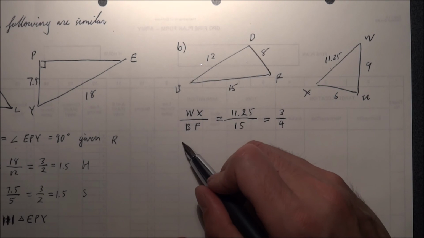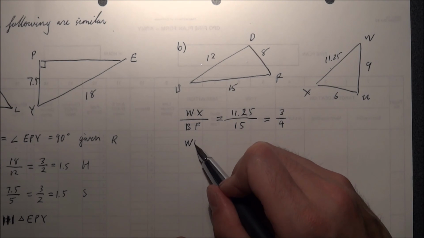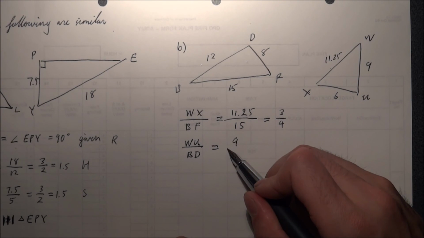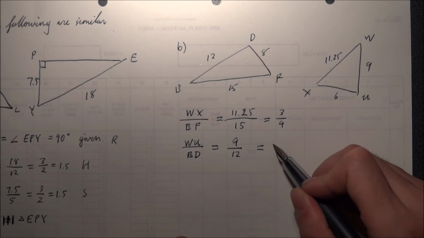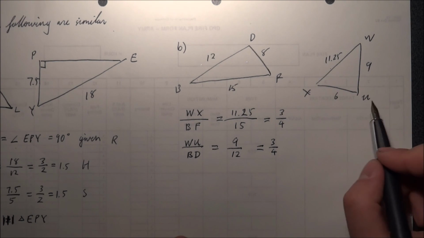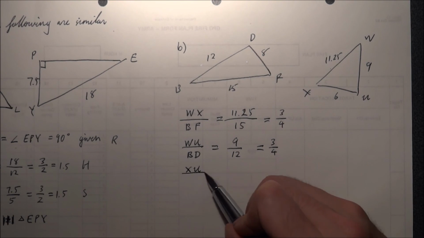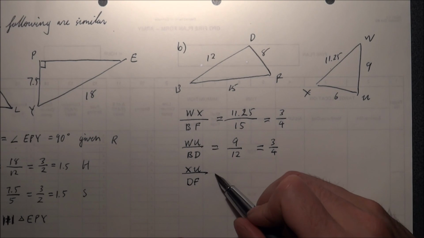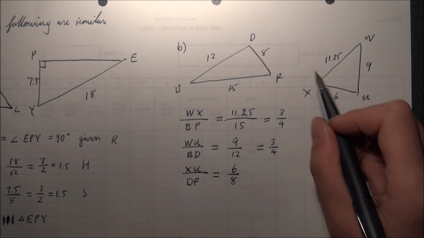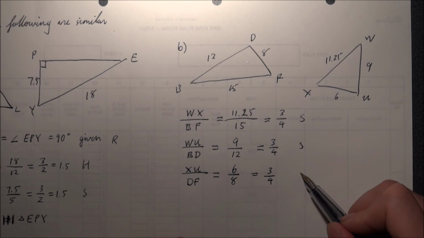WU over BD, they're both the second longest in their respective triangles, equals 9 over 12. Once again, 3 over 4. And finally, the shortest sides, XU and DF, equals 6 over 8, which again is 3 over 4. So we have side, side, side.